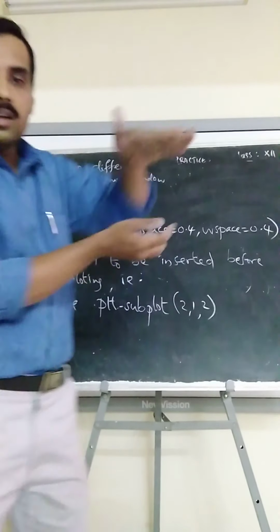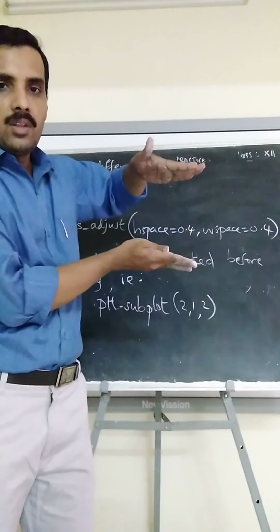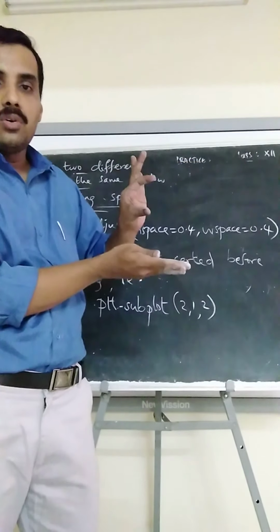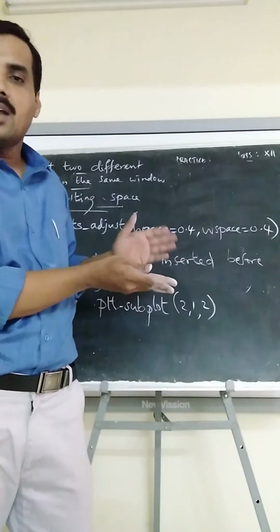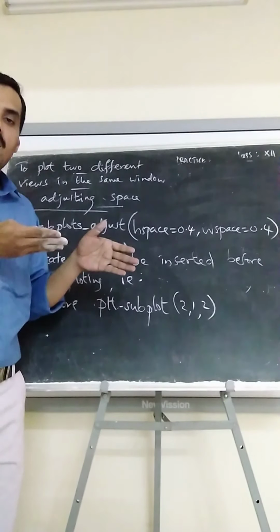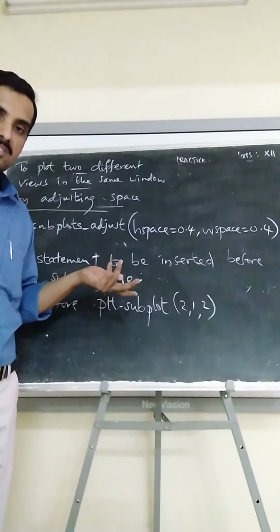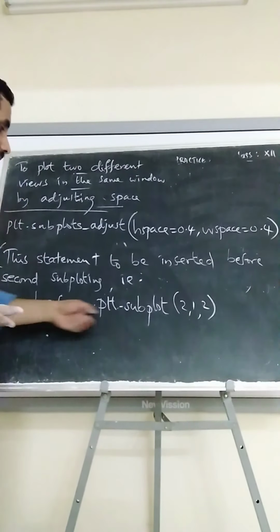That means after displaying the first subplot, we leave 0.4 width and 0.4 height, and after that only we will start our second plotting. So this statement should be inserted after the first plt.plot, and before plt.subplot(2, 1, 2).